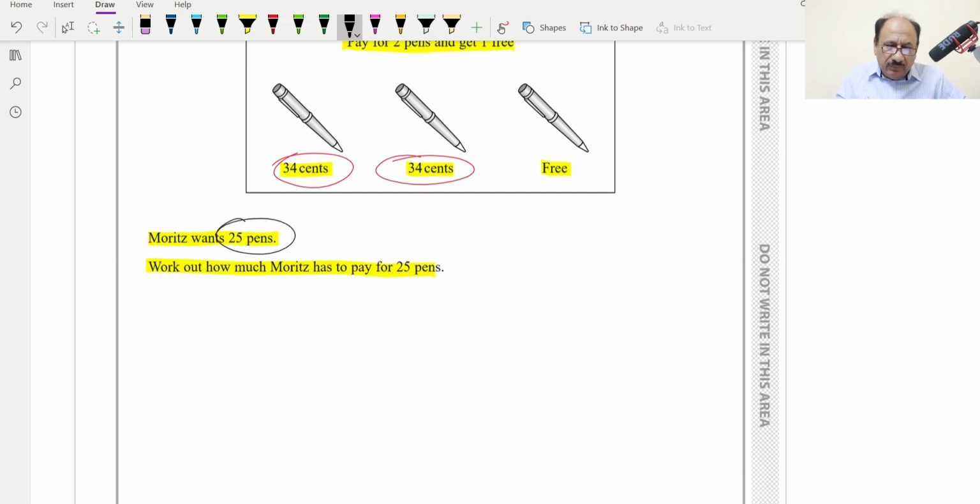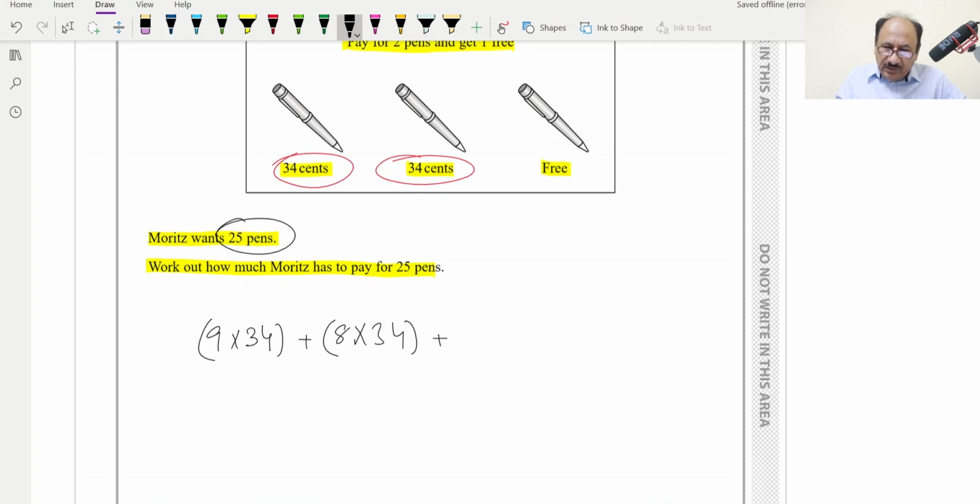So what we will be doing, if he's buying 9 into 34, a pair of pens, plus this one also 9 into 34. If he will be paying for these, not 9, 8 basically, so he will be getting 8 pens.